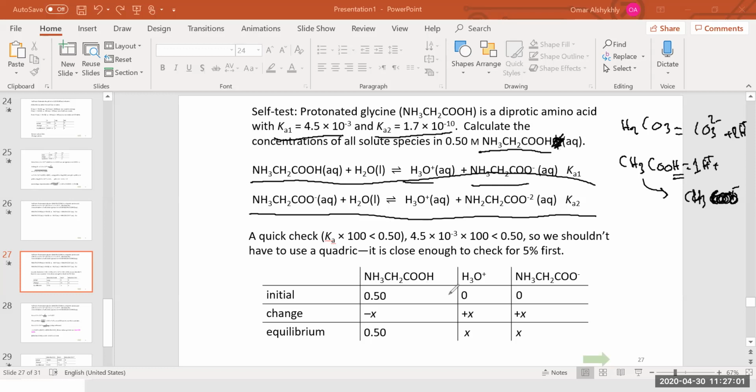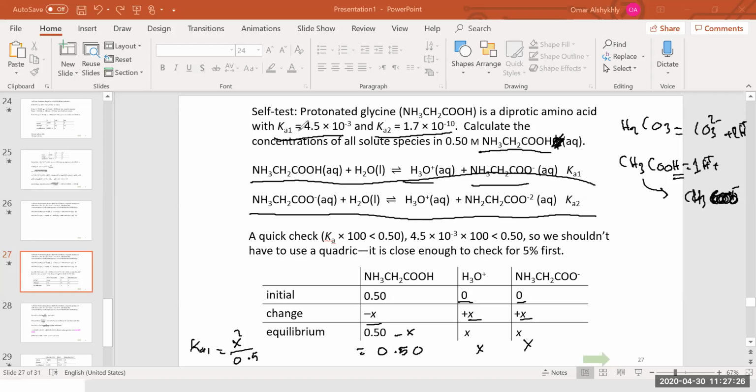Be careful, guys. Anyway, so 0.5, 0, 0, minus x, plus x, plus x. Here 0.5 minus x, which will be approximately 0.5. Here x, here x. Now we will use the Ka1 equal to x squared divided by 0.5.